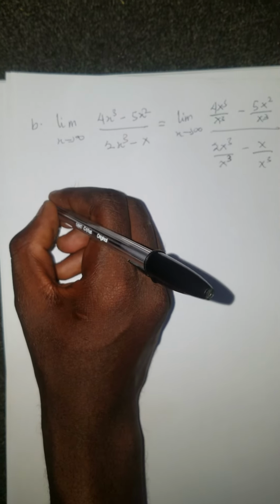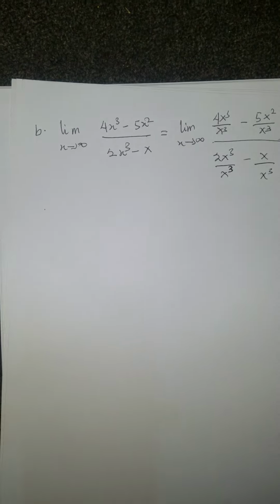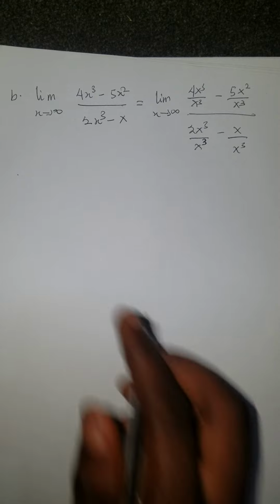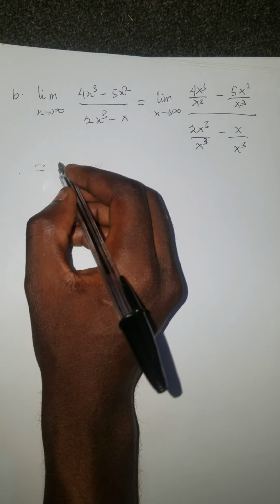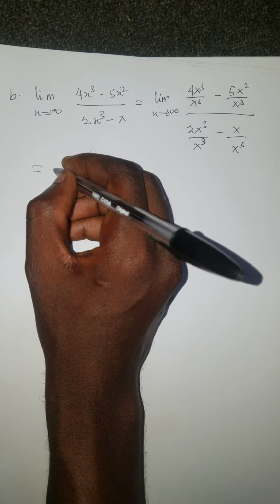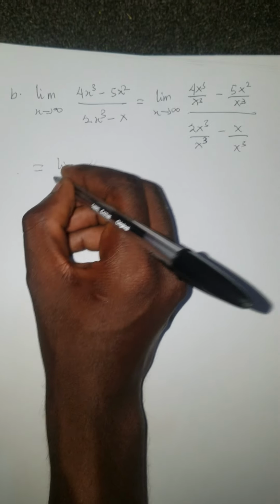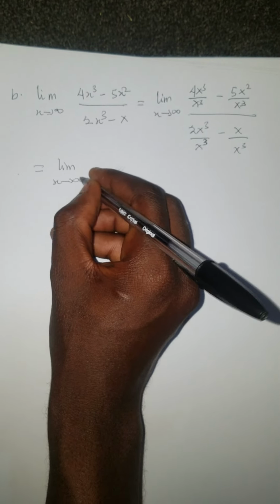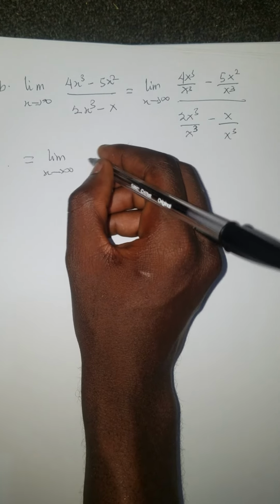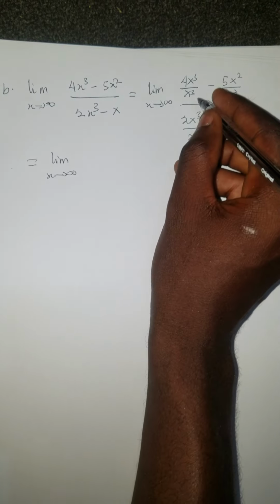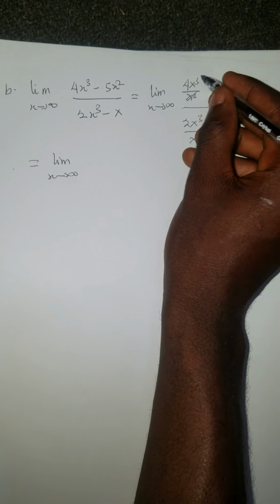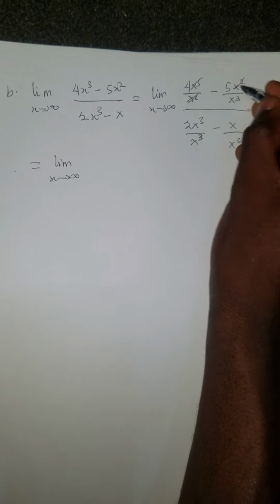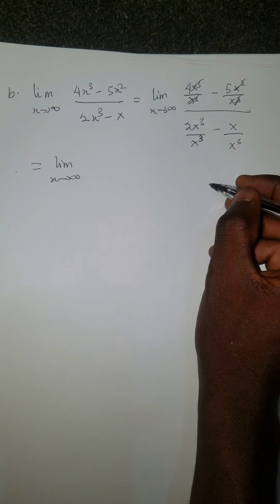So this is equal to the limit where x is approaching infinity. This will take away this. 2 of this will take away this.